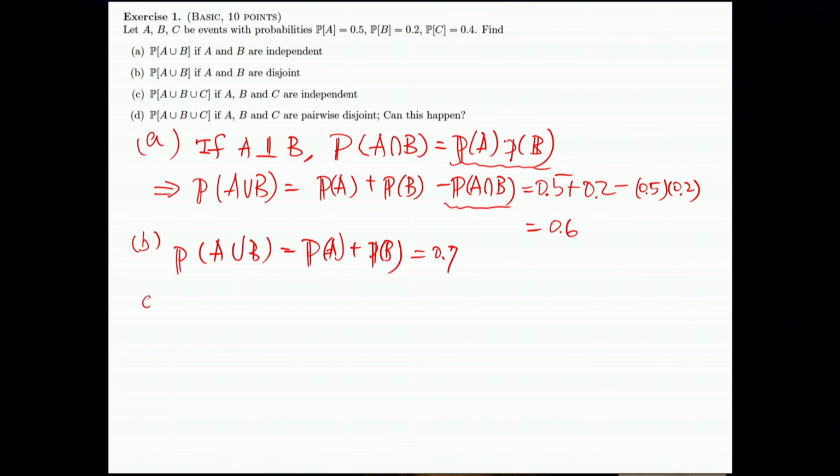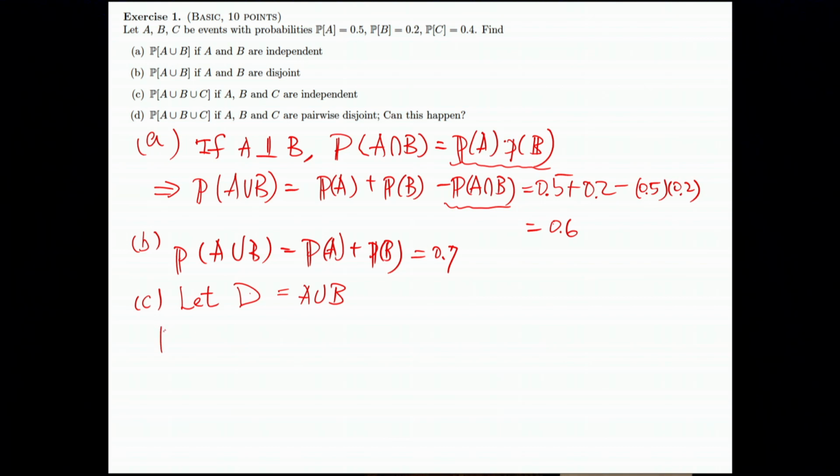Now part C. If I have 3 events, and they are all independent, then how do I calculate this? First, we can let the event D be A union B, which can make the question easier.